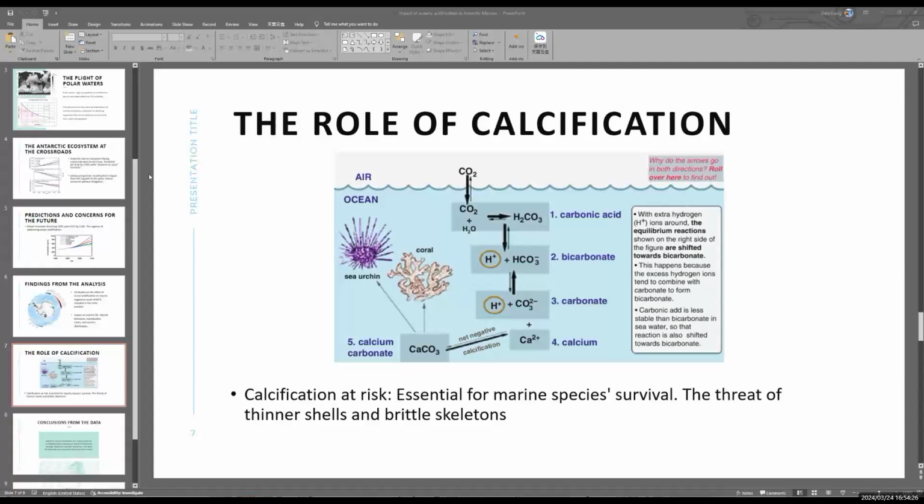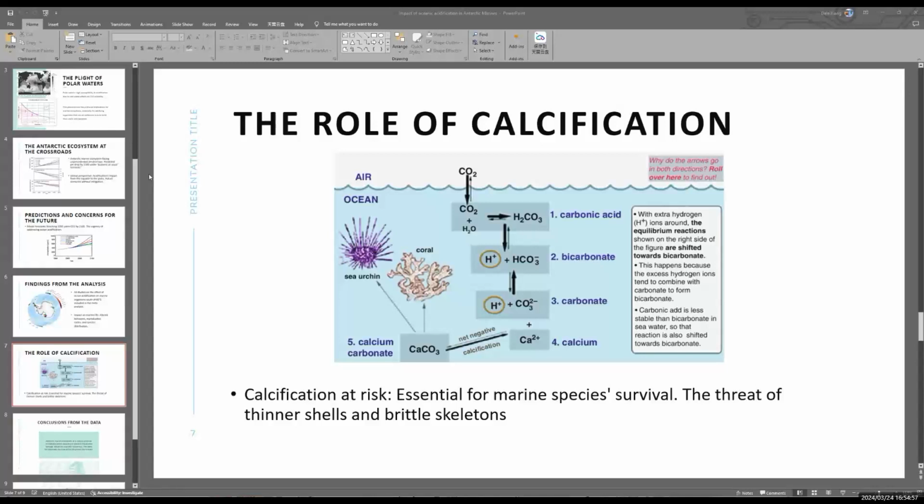And this means that carbonate is being forced to react and is not available for use by calcium-dependent organisms such as coral and sea urchin. And carbonic acid is being formed as a result, and carbonic acid is decreasing the pH of the ocean. And this happens because the excess hydrogen ions tend to combine with carbonate to form bicarbonate.